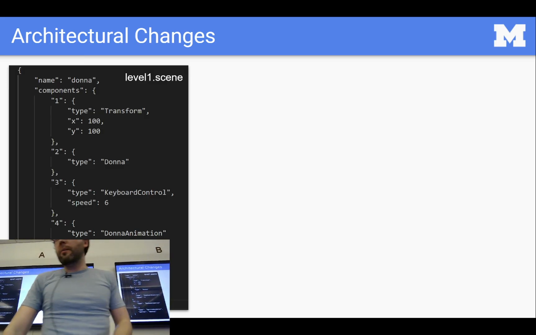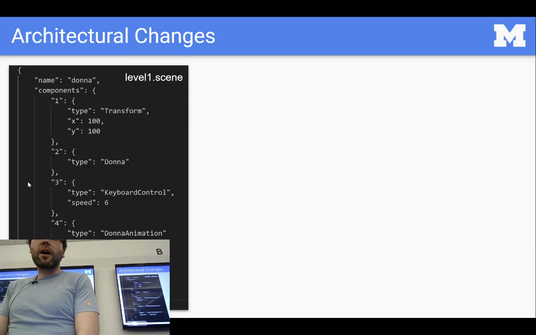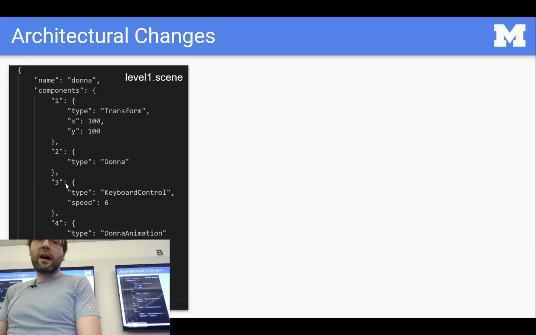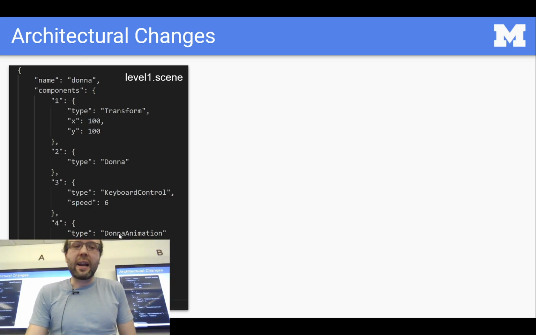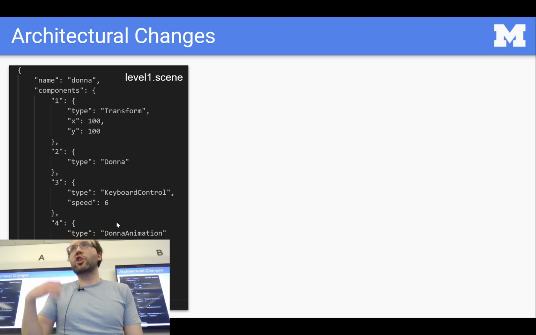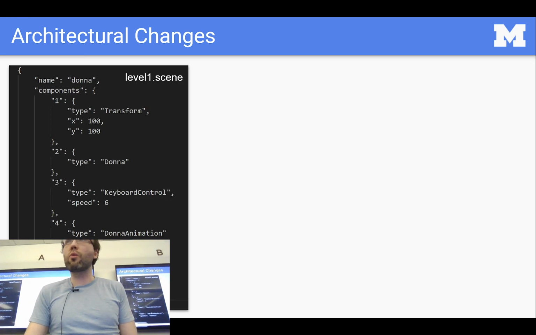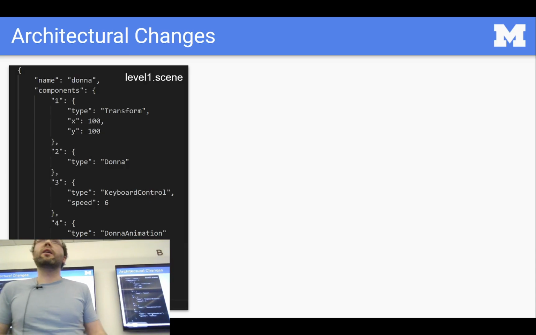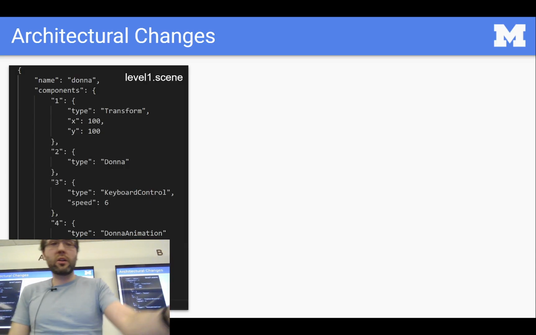And those components are going to be identified. Even if they have the same type, they're made unique and identified by this key, the real name of the component, the ID of the component right here. We have Donna animation to take her sprite and change her sprite over time. We have a sprite renderer that is going to be responsible for actually rendering the final image that we decide she wants to be.